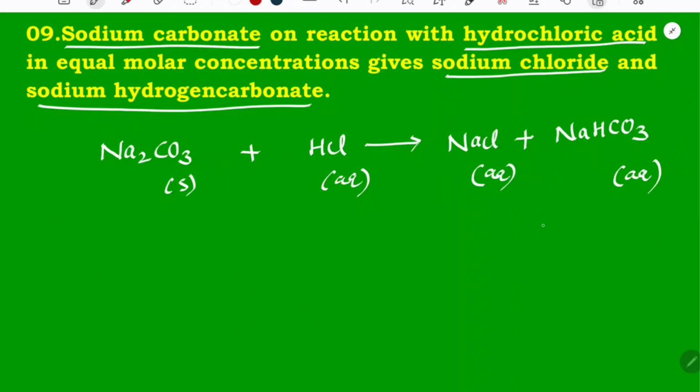How many sodiums? 2 sodiums are there. Here 2 sodiums. How many oxygens? 3 oxygens. How many carbons? 1 carbon, here 1 carbon. Then how many hydrogens? Here 1 hydrogen, here 1 hydrogen. So the equation is balanced.